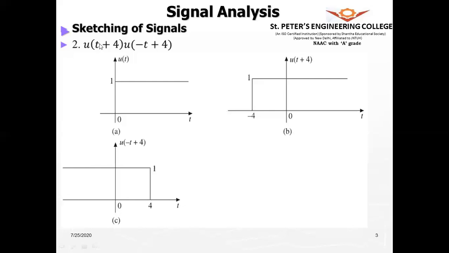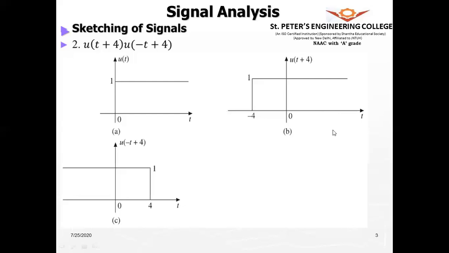So we have to multiply them. In the previous example, we have added those two signals. Now in this case, we have to multiply the signals. Now in this region, whatever we are seeing here, plus 4, it is somewhere here. So plus 5, plus 6, etc. up to infinity comes this side. So after 4, this signal does not exist, whereas this signal exists.